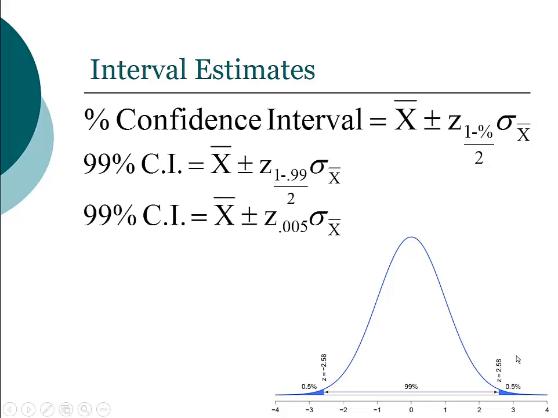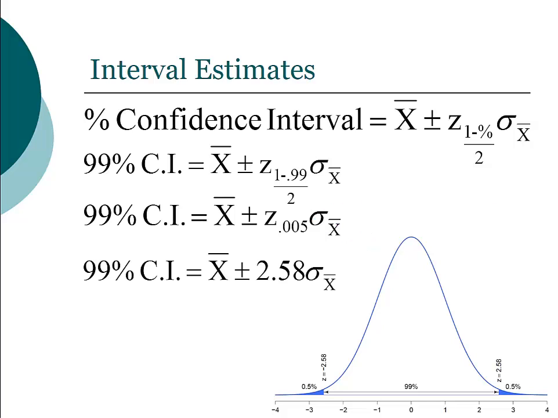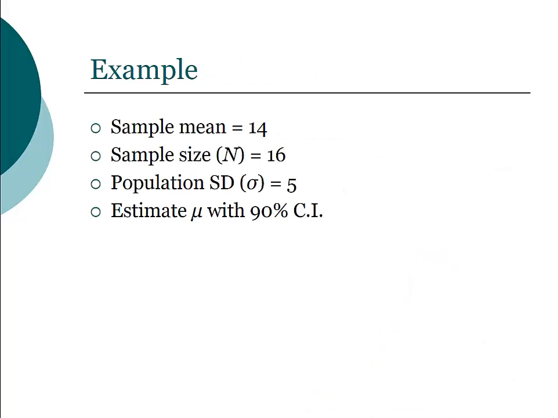So if we plug that in right there, 2.58, and we get this. So the main part of calculating a confidence interval is to calculate or look up what z-score corresponds to the confidence interval, and then you'll calculate your standard error by taking the standard deviation divided by the square root of the sample size.